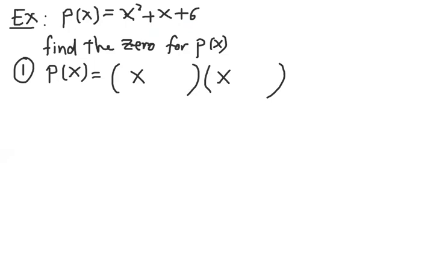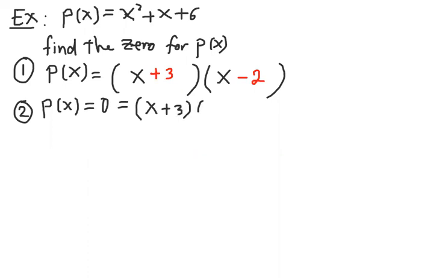So the two numbers are plus 3 and minus 2. Yes, Jose, that's true. So plus 3, minus 2. So we make this one. Now, second step, p of x equals 0. That means x plus 3 and x minus 2 are equal to 0.